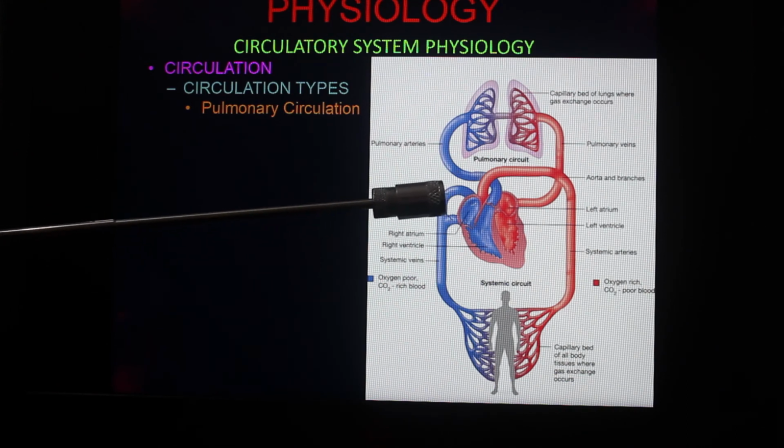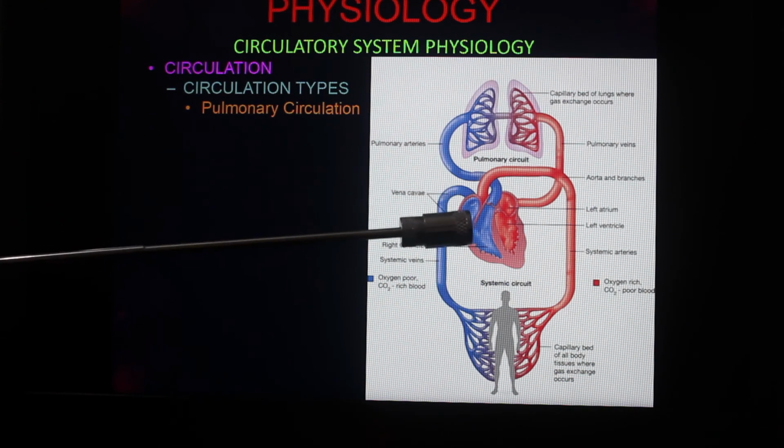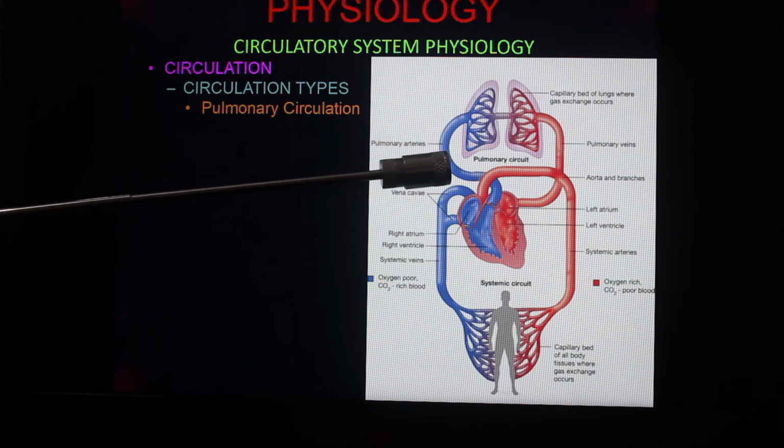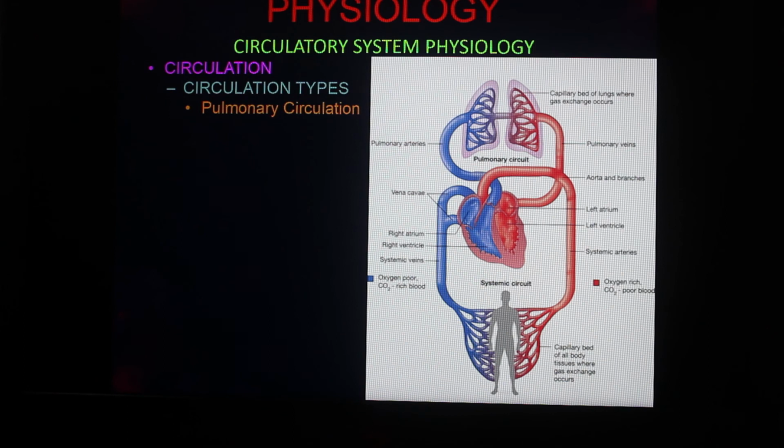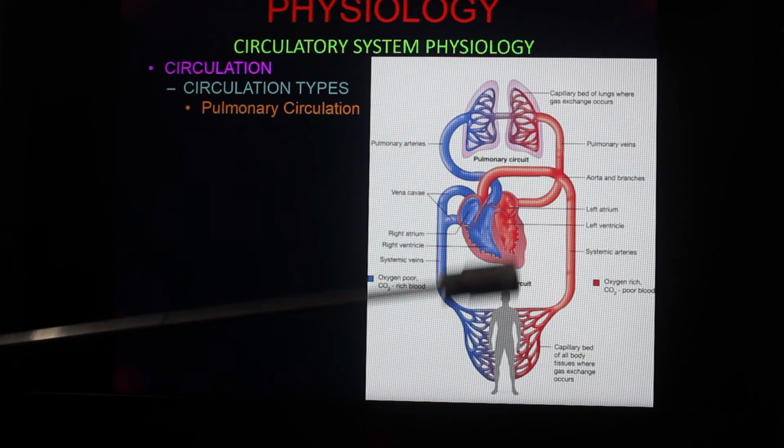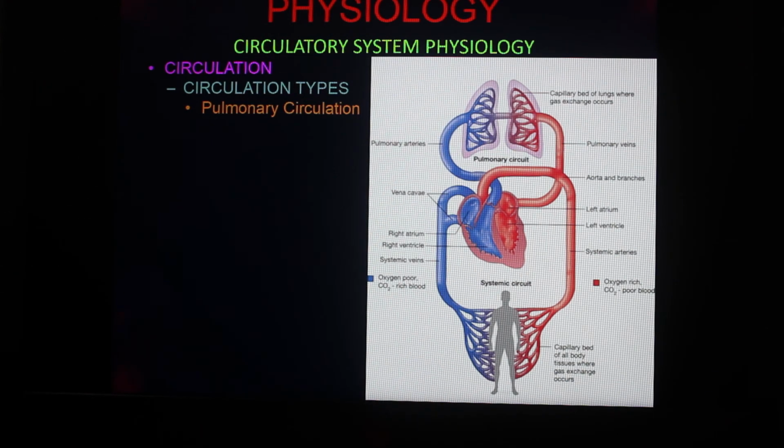The pulmonary circulation is right atrium, right ventricle, pulmonary artery, lungs, and pulmonary veins to the left atrium. That completes the pulmonary circulation. This is also called the small circulation, and the systemic circulation may sometimes be called the big circulation, but we prefer to use the terms pulmonary circulation and systemic circulation.